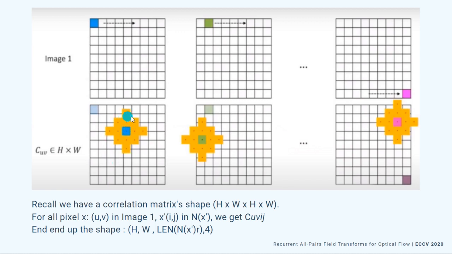Here's x prime and this is the local grid based on the estimated flow, and we do this operation for all the pixels in image 1, and at the end we concatenate all these together, and this is the result of correlational lookup. Later this is sent to the iterative recurrent unit of RAFT.